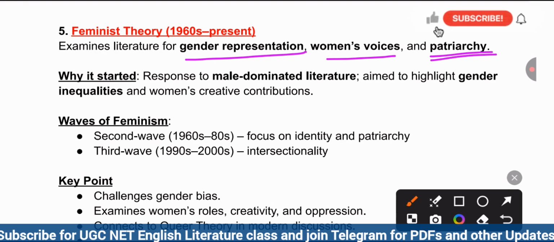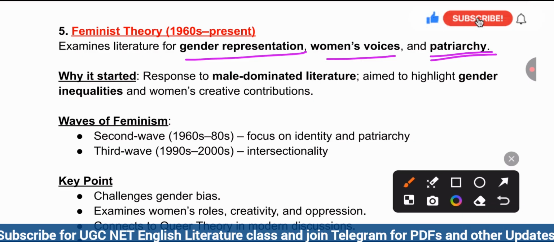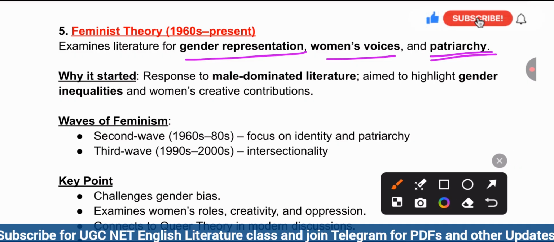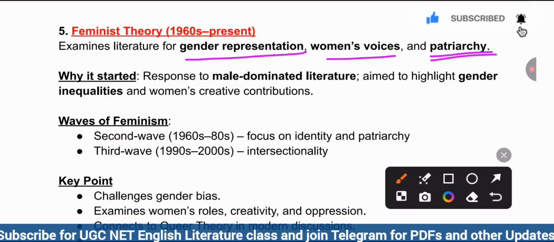Later, slowly, female writers started raising their voices, and we have gynocriticism by Elaine Showalter, then Virginia Woolf, who said there should be a separate room, in the sense that women should also have the right to write freely, with liberty.